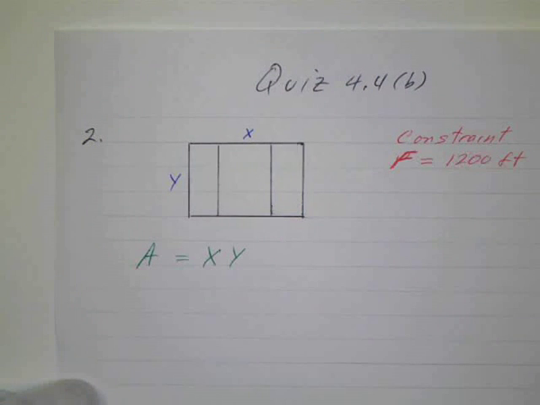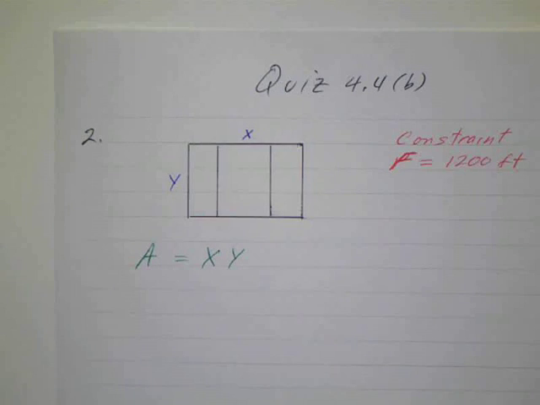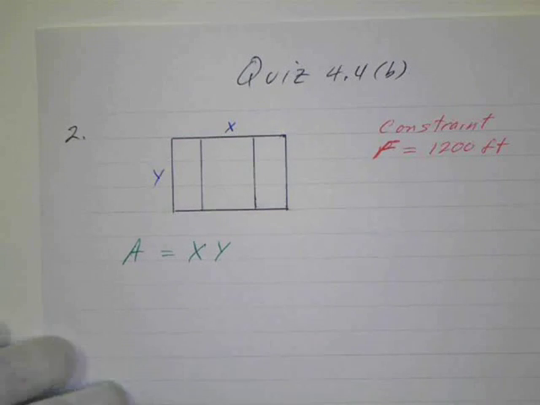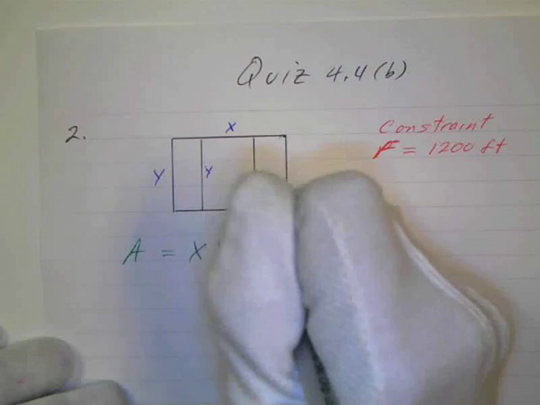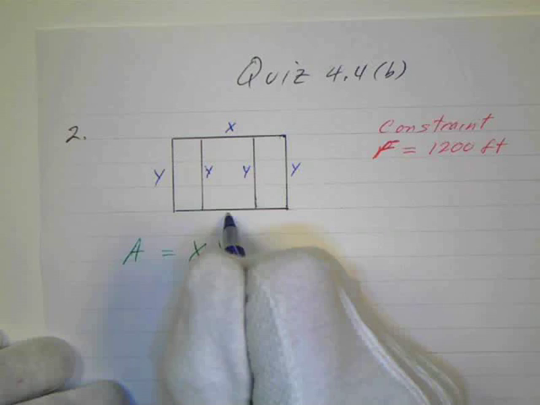And then how much fencing do we have? Well, we're going to use X over here, Y over here, but we're also going to use Y there, Y there, Y there, and another X there.